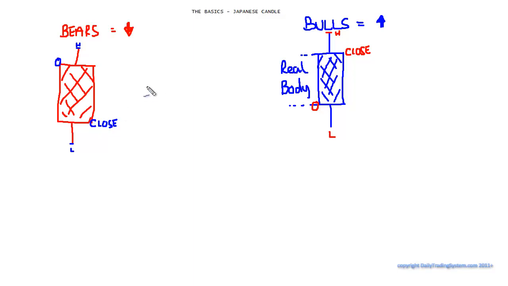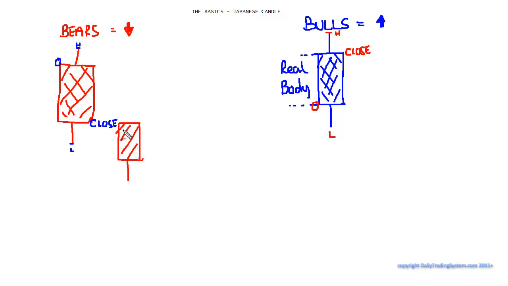Okay, so now you understand the basics of how the candle is formed. We need to understand now that these particular candles, we could have another candle down here, and this might not have any wick on it, and then it might have a small one here. This also has sentiment.